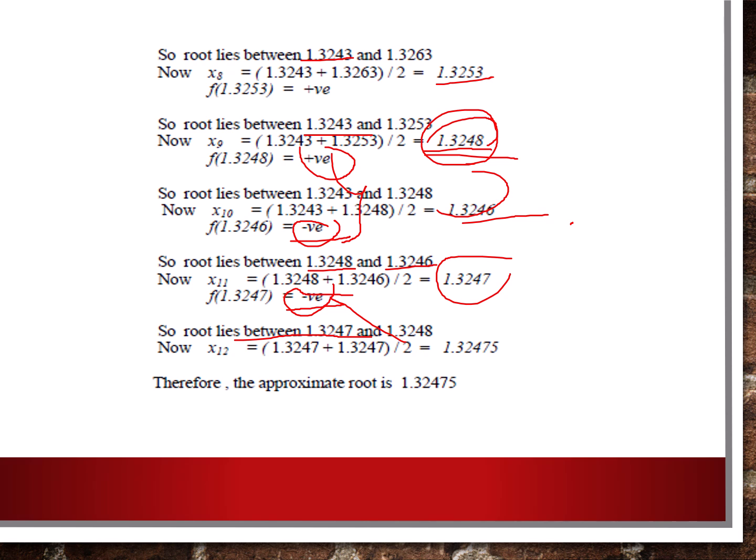The sign is positive and negative. 1.3247 plus 1.3248 divided by 2 equal to 1.3247. The four-digit values are the same. Therefore, the approximate root is 1.32475.